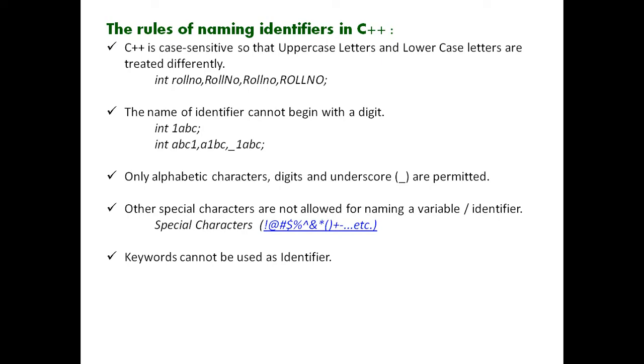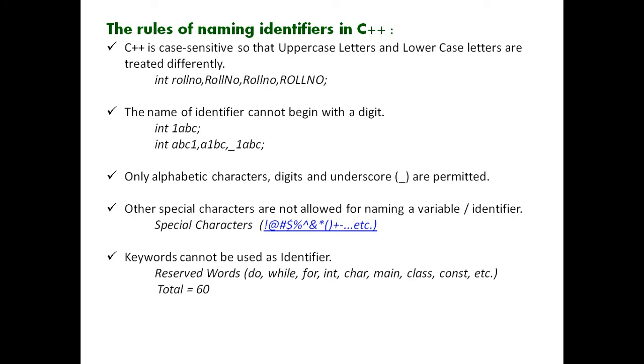The last rule is that keywords cannot be used as identifier names. What are keywords? Keywords are the reserved words in the C++ compiler: do, while, for, int, char, main, class, const, etc. Do, for, and while are the loops. Int and char are the data types. Main is the main function.